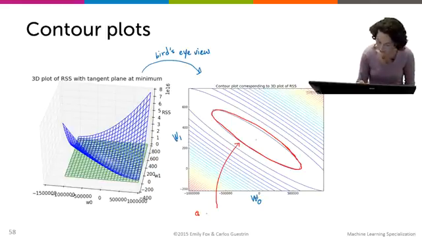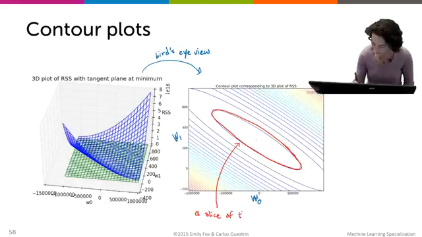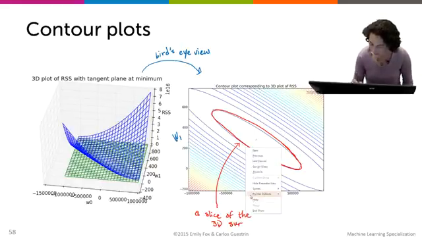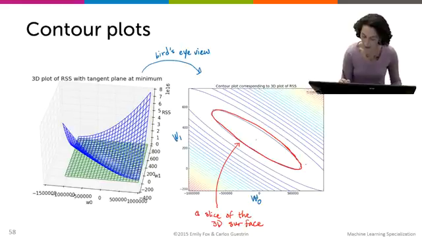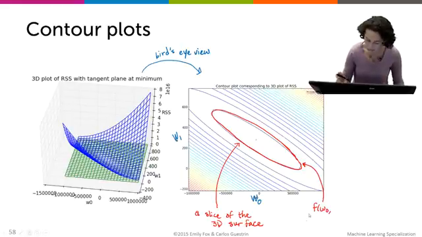Sorry, the pen is really misbehaving. A slice of the 3D surface, where all values here have the same value of this function.